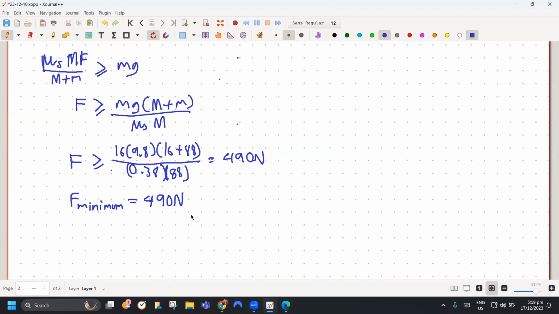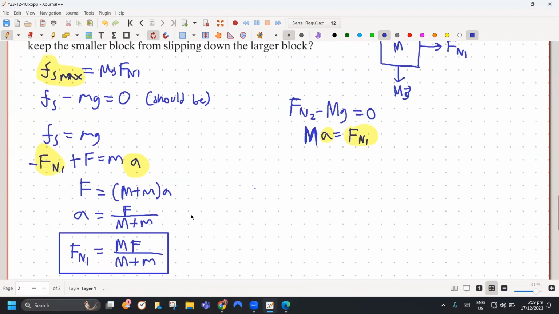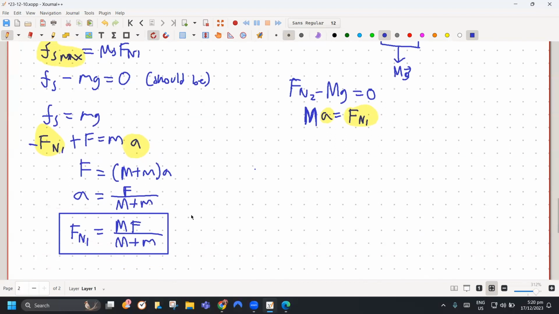So a must be, tingnan mo ulit yung system mo. A is equal to big F over M plus m.